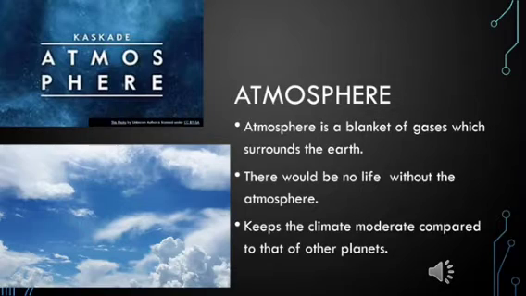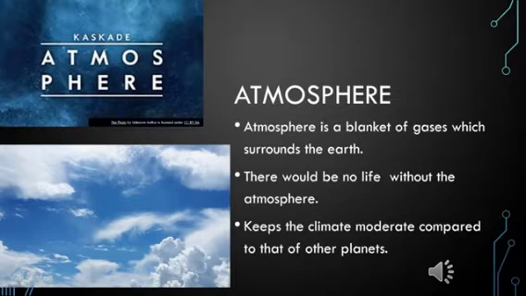Now, for example, if you take Saturn or Uranus, these planets are extremely cold where life cannot exist at all, and there are so many other reasons also, but one is the temperature. And the distance of the earth from the sun is such that the temperature is very moderate where life can exist.